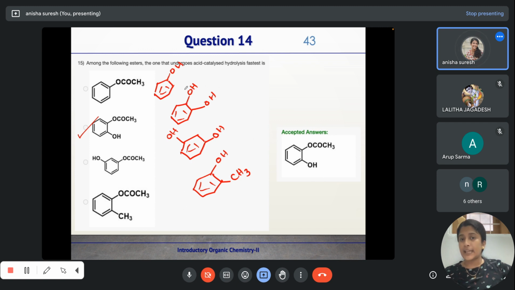If there is a negative charge even in this group, it can undergo hydrogen bonding. Because of that, this will be a more stable leaving group. There can be a hydrogen bonding interaction for this leaving group. Because of that, it can be more stable as well. So these are the reasons why this ester can undergo a faster acid catalyzed hydrolysis reaction.